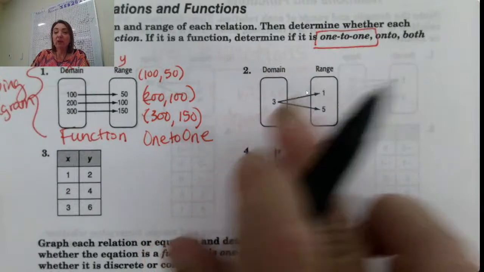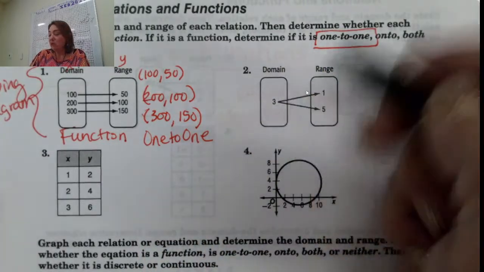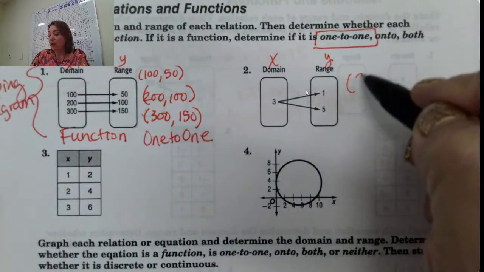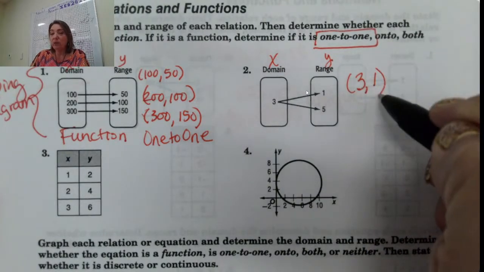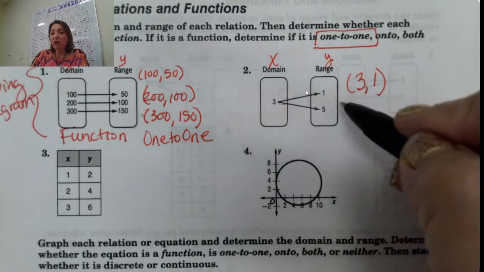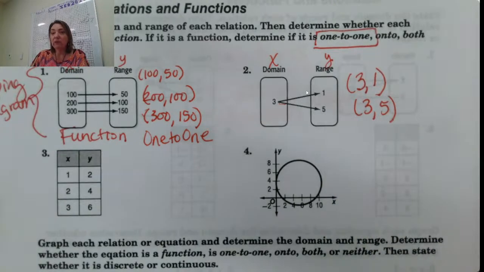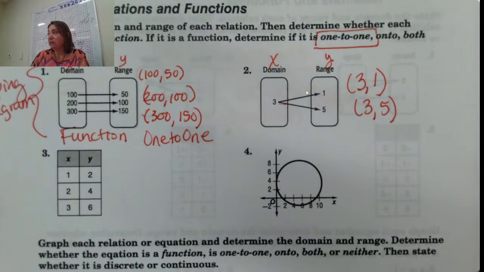We got our domain here. We got our range here. And for this one, if this is our x, these are our y's, right? So our x is 3, our y is 1. But then also our x is 3 and our y is 5. Now, is that a function?